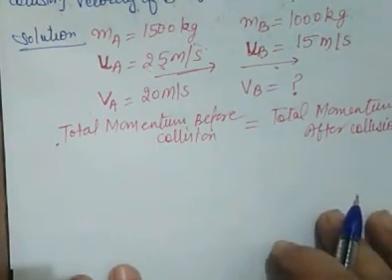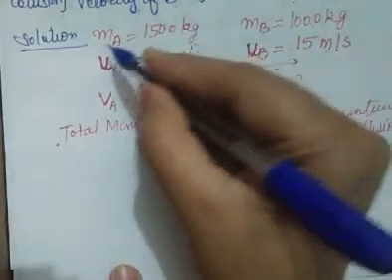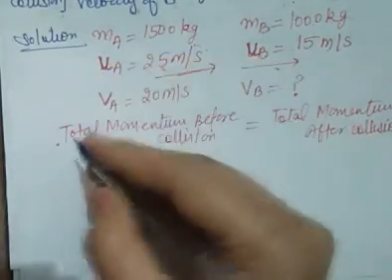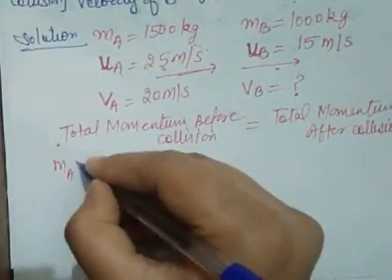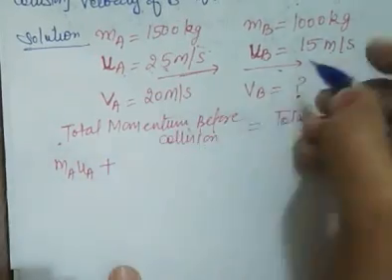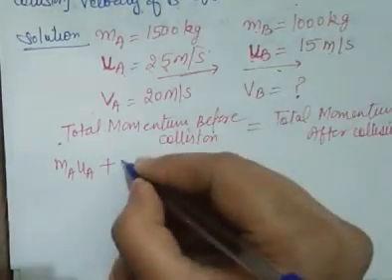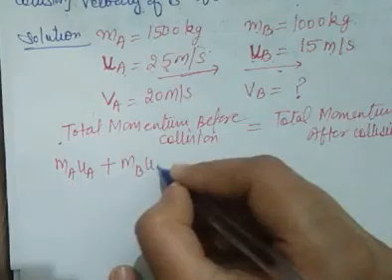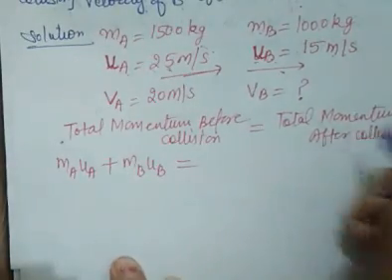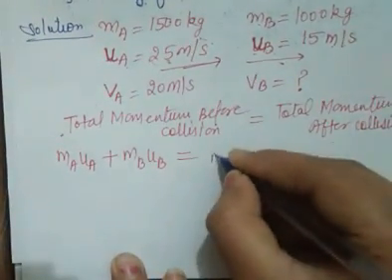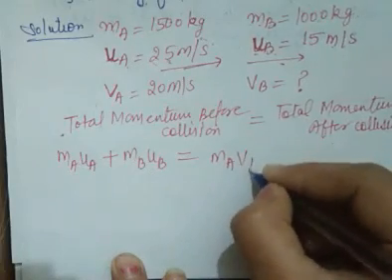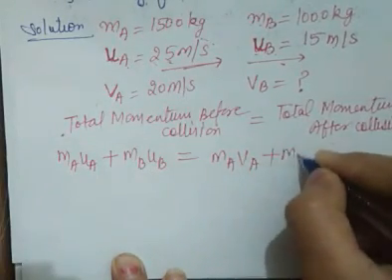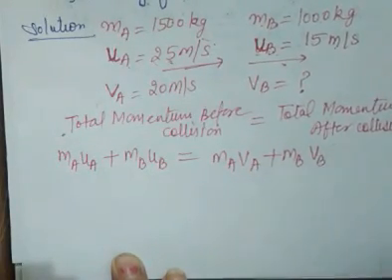So what is the total momentum before collision? Mass ma, velocity ua. So it is for first one. Mass mb, velocity ub, mb ub, it is for second one. After collision, final, mass ma, velocity va, mass mb, velocity vb.